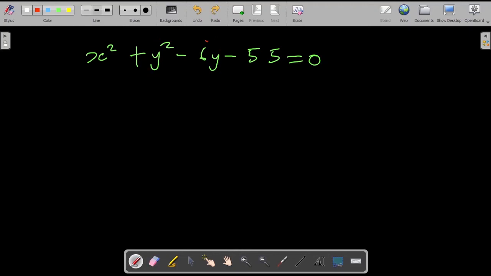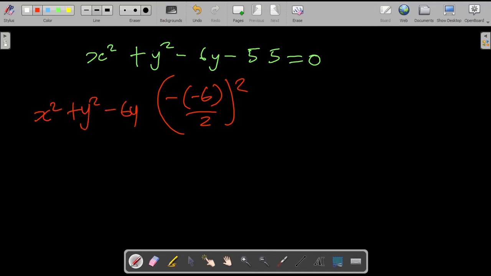We have minus 6 as the coefficient, or as b. So you're going to say minus 6 divided by 2. Then you're going to square that. And everything remains as it were. And you're basically going to have this, and on this side, you have this. So we've added this, we must also subtract it, right?